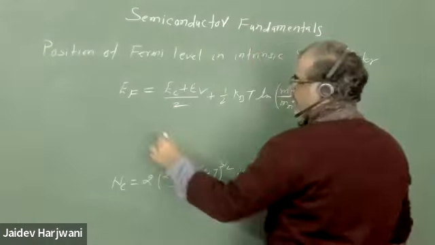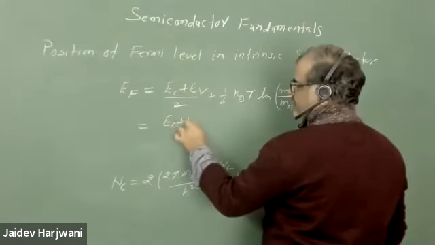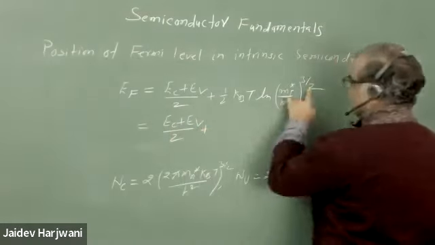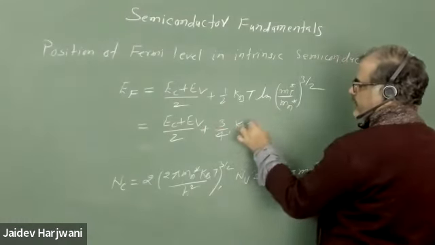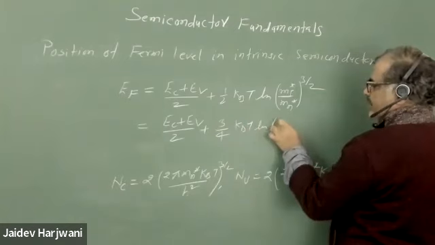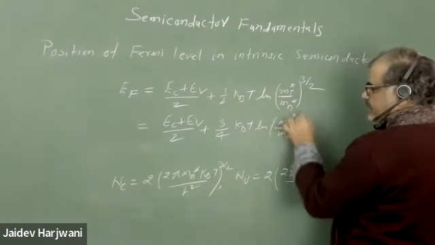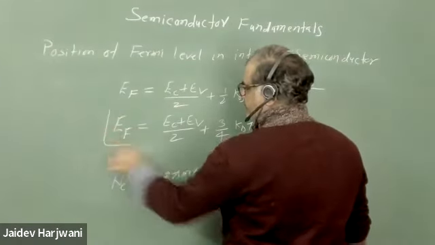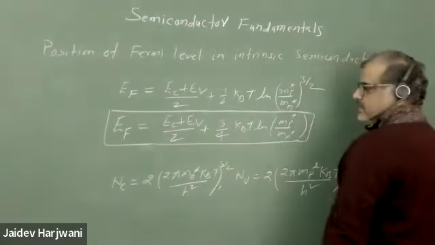So now I can write this as EC plus EV by 2, plus 3 by 4 kBT ln mp upon mn. So this is my position of the Fermi level in an intrinsic semiconductor.